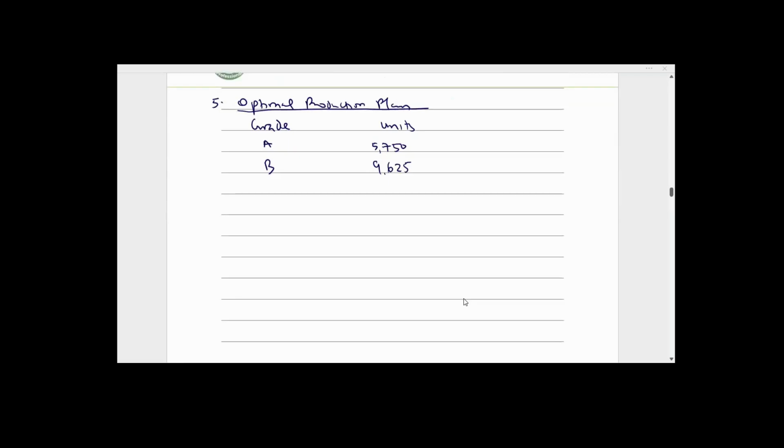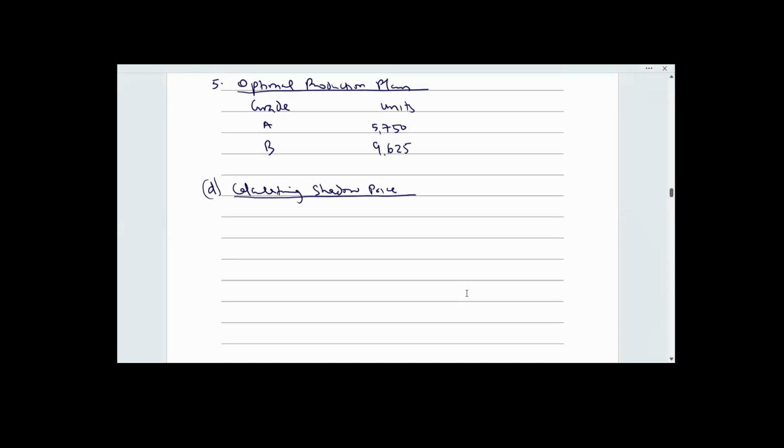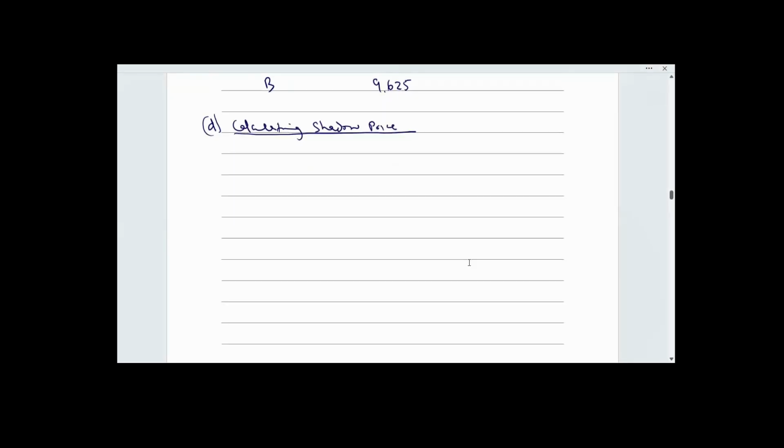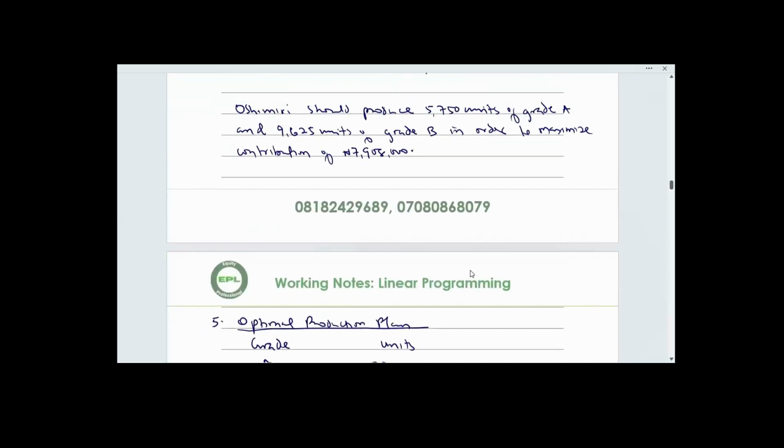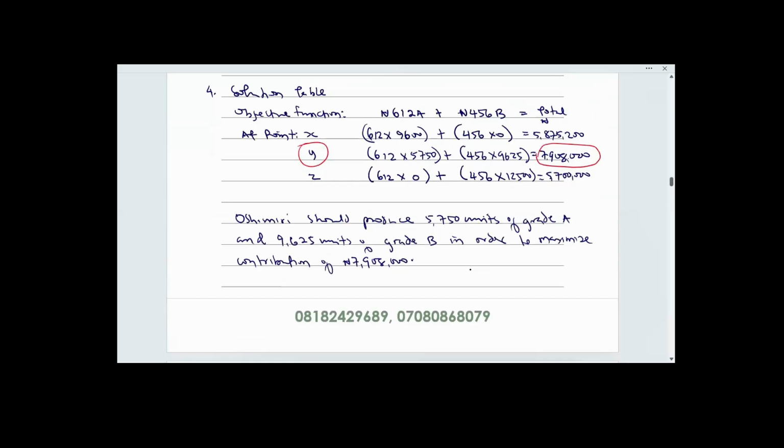Okay, so requirement D, calculating shadow price. Remember, when you want to calculate shadow price, the first step is to identify the equations that intercept at the optimal level of activity. Our optimal level of activity is at the point where we made the decision.